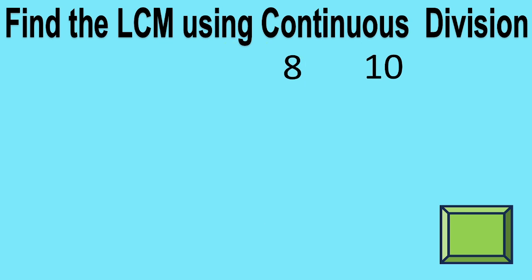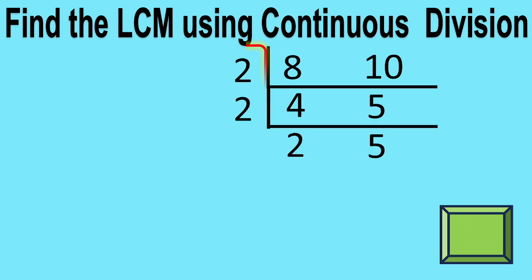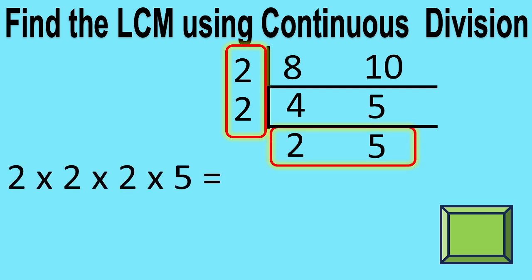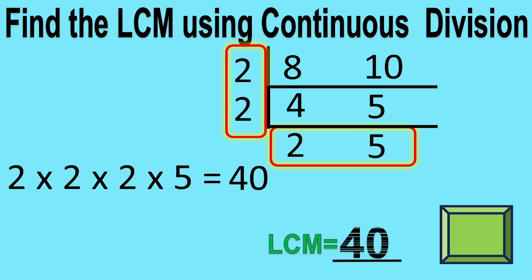Another, 8 and 10. Time's up. The answer is... So, 2 times 2 times 2 times 5 equals 40. The LCM is 40.